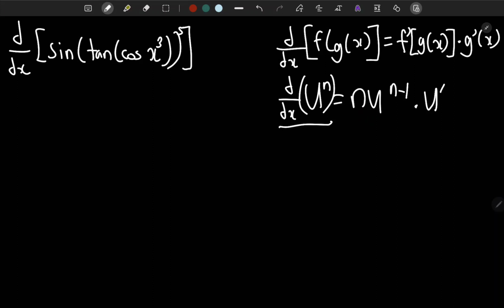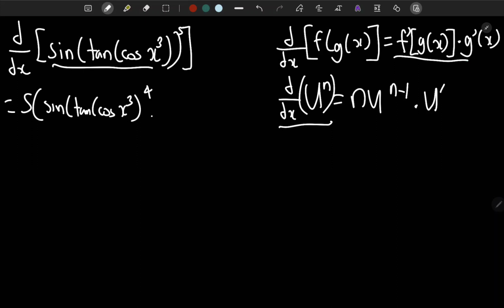It's going to be n, which is 5, and the inner part just stays the same, so sine tan cosine x cube, and it's going to be n minus 1, so to the power of 4 multiplied by u prime.